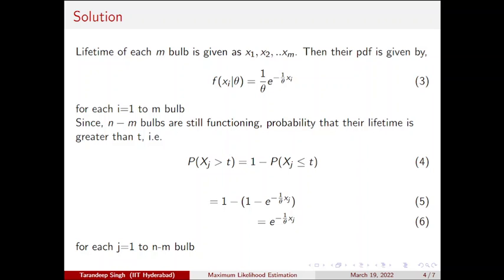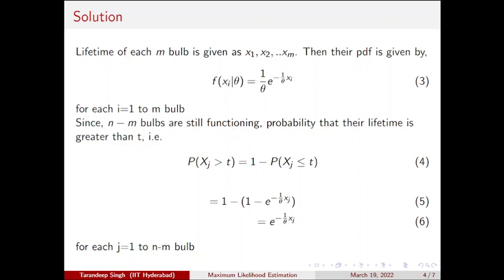But we are not given the lifetime of the n minus m bulbs, which are still functioning. So we assume that their lifetime will be greater than t. That is, we need to find the probability for each of the n minus m bulbs that their lifetime is greater than t.